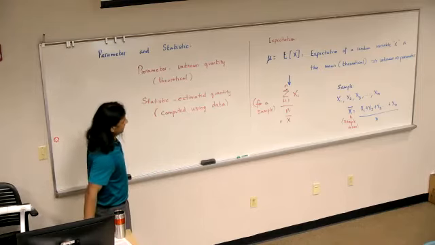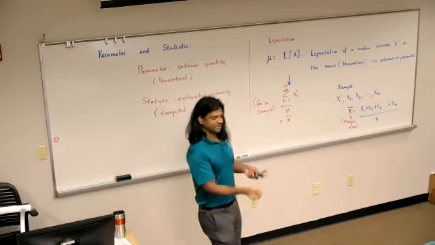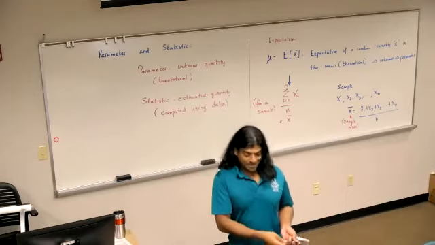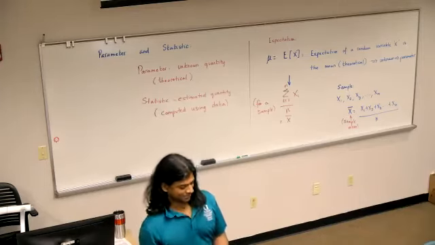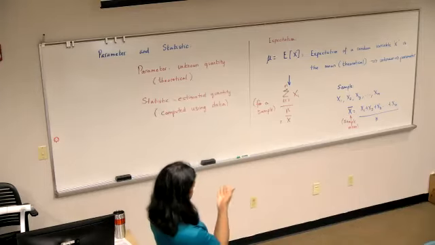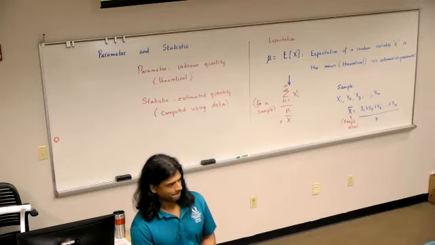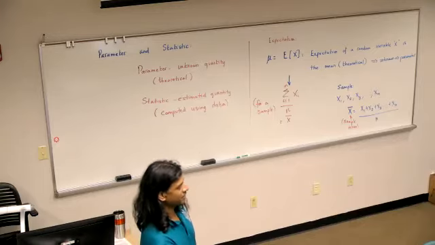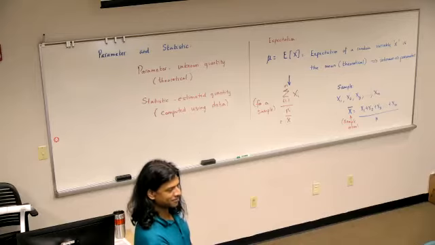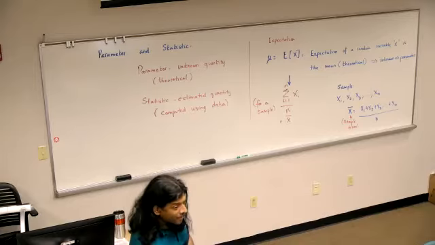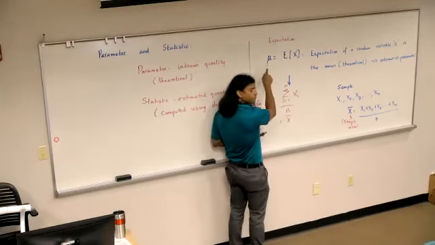So if I asked you to give a different notation for x bar based on what I said at the end of class last time and what you said at the beginning of class today, what is another notation for x bar? X hat. So close. There is a hat, but he put the hat on the wrong thing. It's mu hat because it is an estimate for mu.